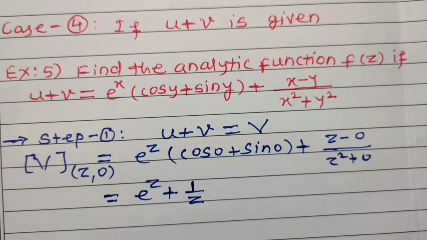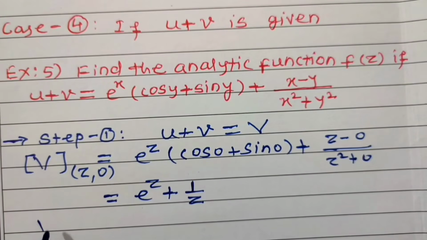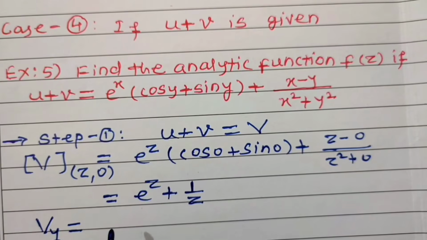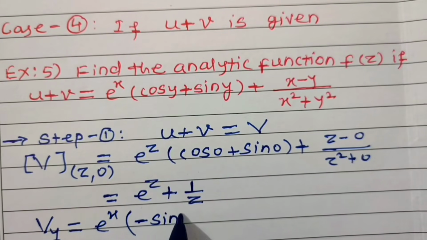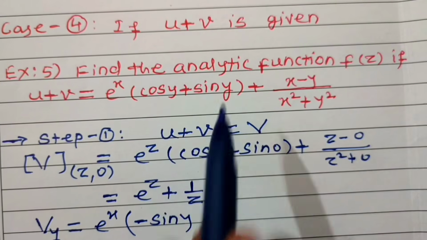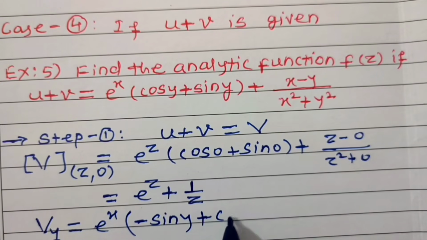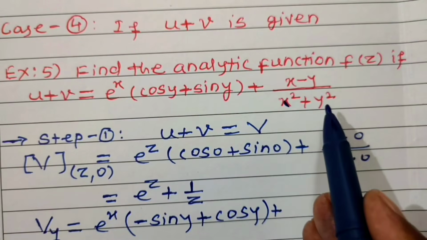Let us find the partial derivative of v with respect to y, considering x as constant. So e to the power x as it is into bracket: partial derivative of cos y with respect to y is minus sin y, and derivative of sin y with respect to y is cos y, bracket close, plus derivative of this with respect to y.